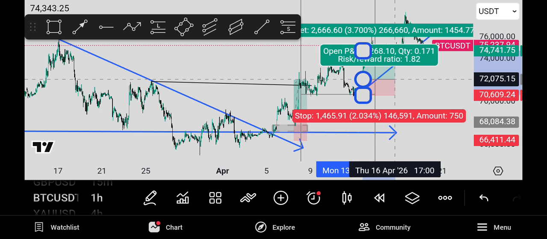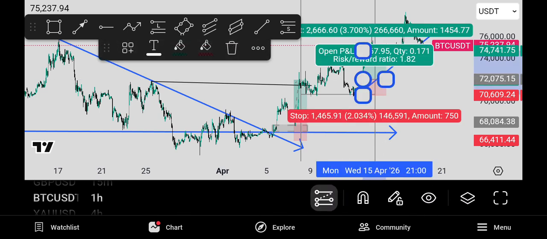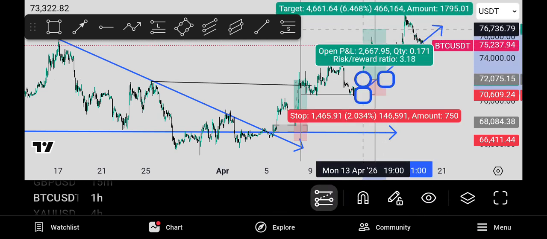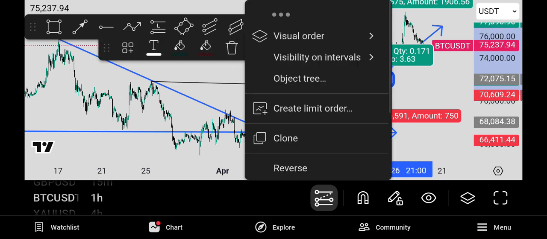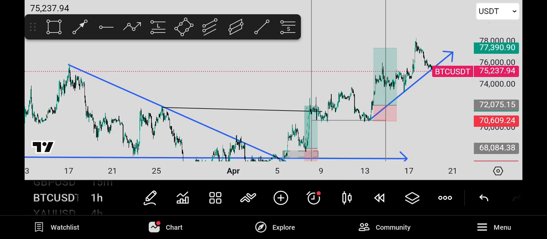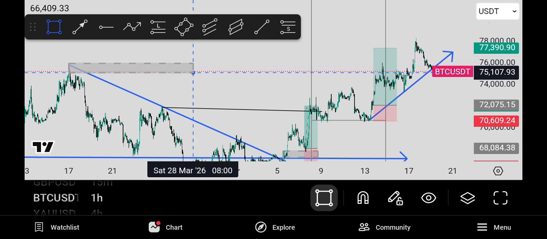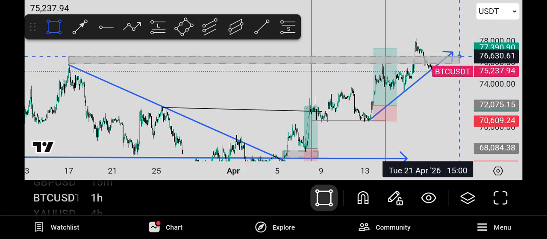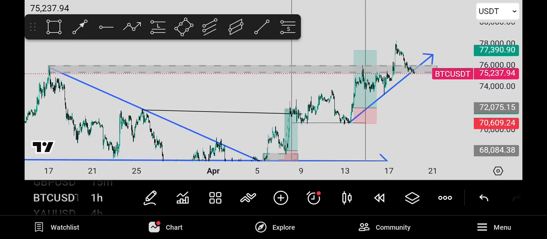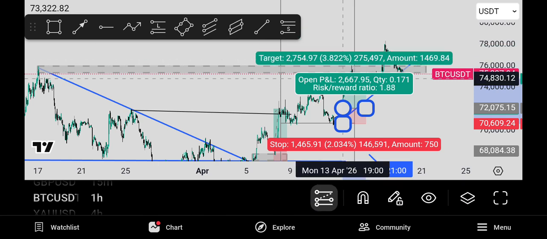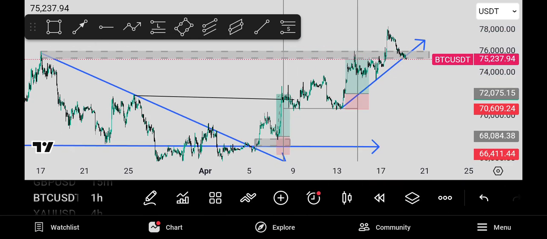Because the market is going down, continuing the downtrend, we look for this place again. We mark this area, and our take profit will be in this position again. Yes, our take profit will be here.